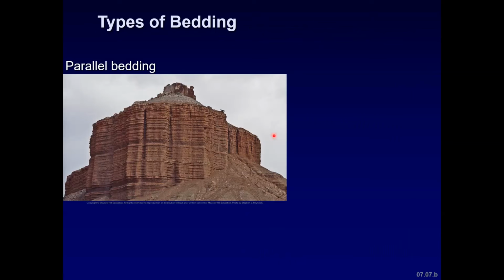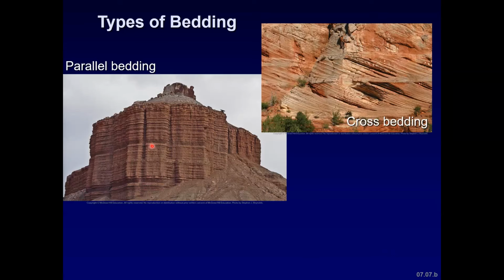Sedimentary rocks can form beds. These beds are parallel. That's one layer on top of another. Cross bedding is what's preserved when sediment is deposited from one side and rolls down the other side, the leeward side. That can form from sand dunes moving over time.